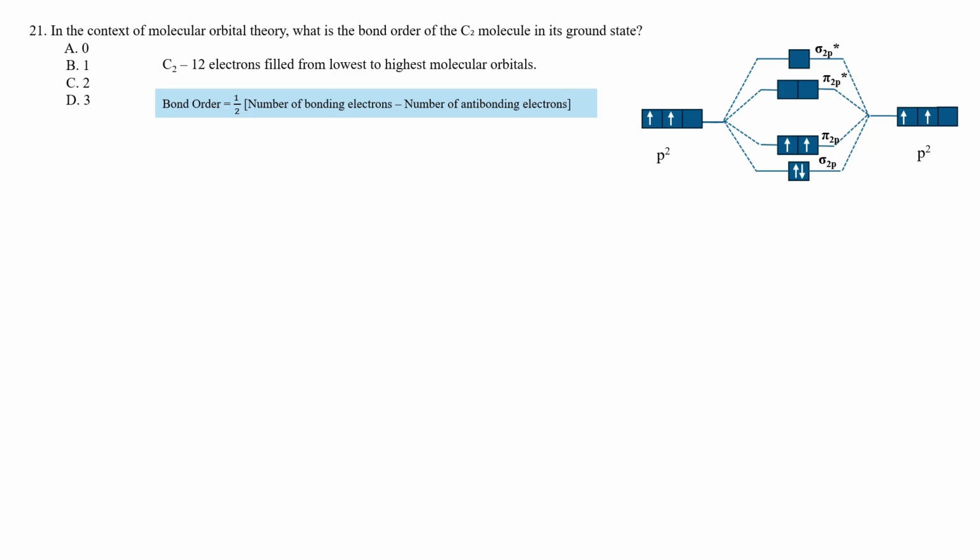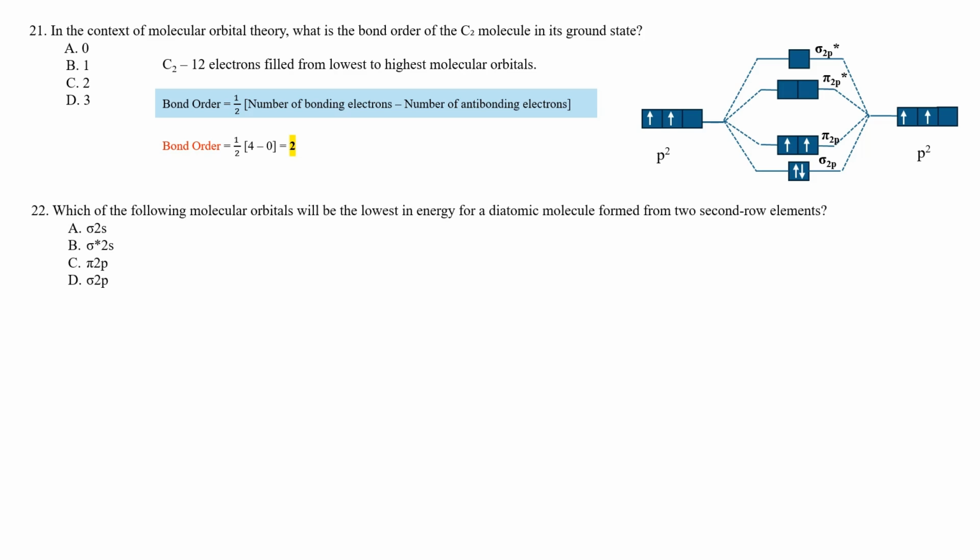If you apply the equation, bond order is equal to half times the number of bonding electrons minus the number of anti-bonding electrons. Half times 4 bonding electrons, no electrons in anti-bonding orbitals. Then the bond order becomes 2 for the C2 molecule.